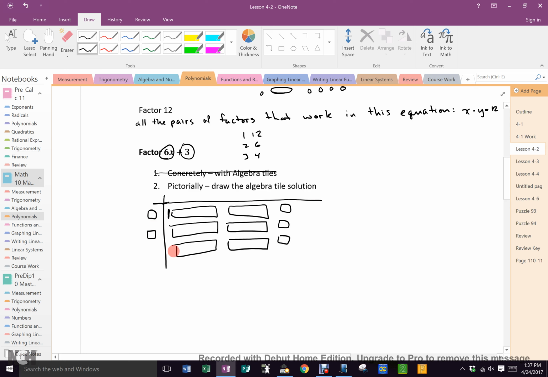How long is this section? 1. So what does that make? 3. How long is this section? What's that? X. What's that? X. What's that? 1. So the top part here is 2x plus 1, isn't it?